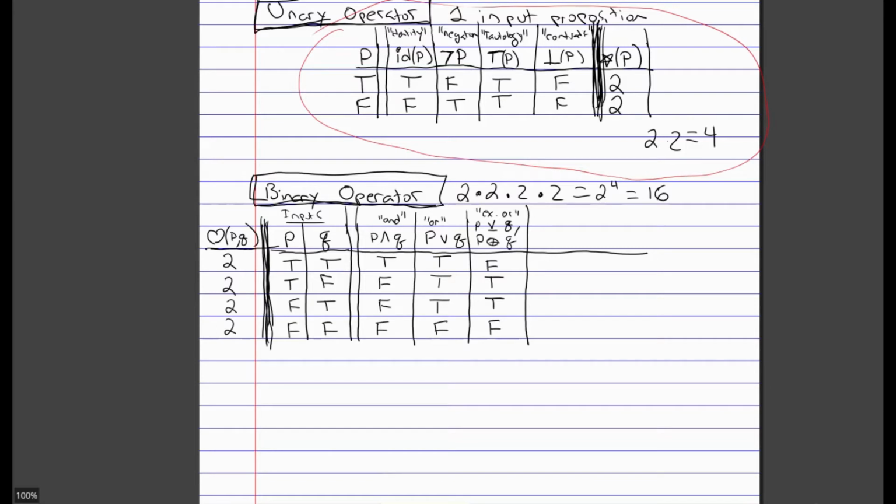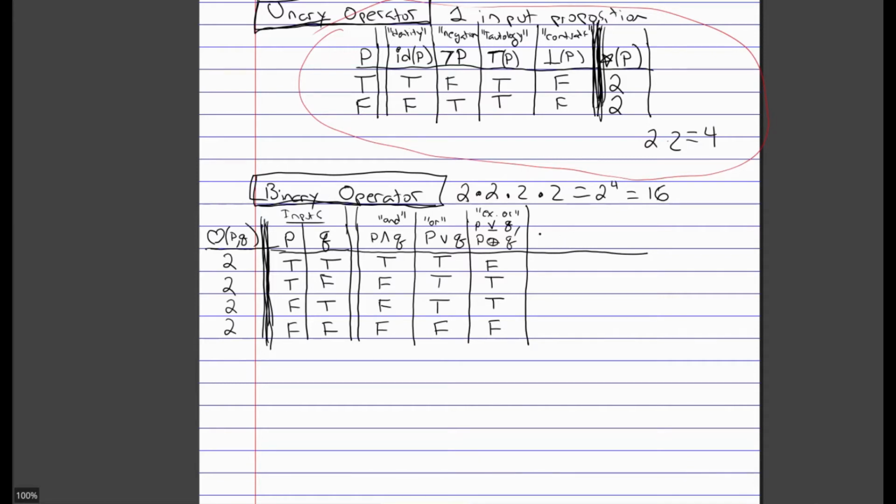Now, if you want to, you can go ahead and fill out combinations using these and using the unary operator. These binary operators can be combined with unary operators to come up with all sorts of crazy relationships.